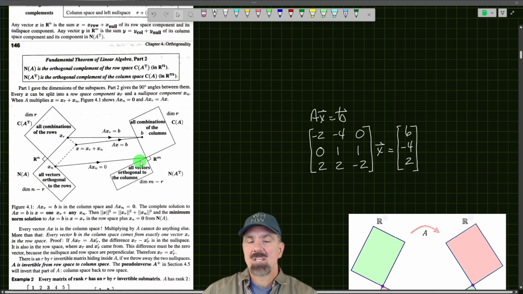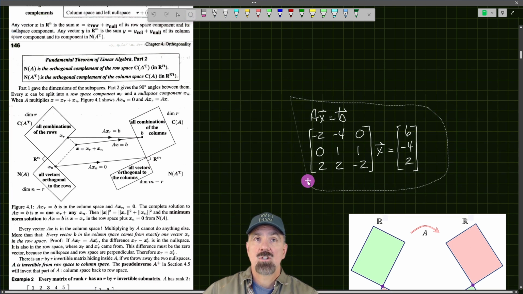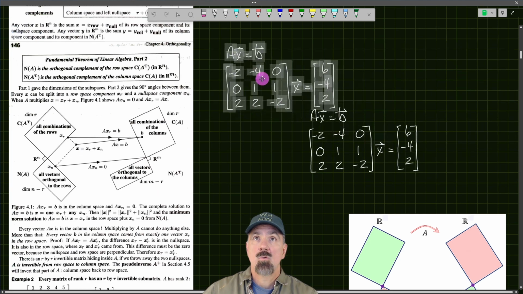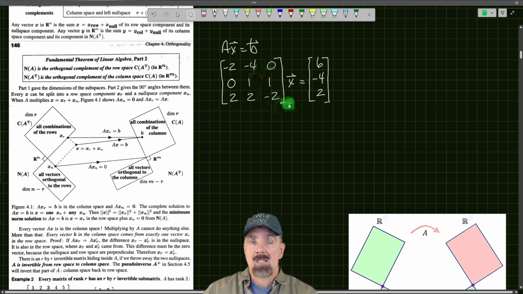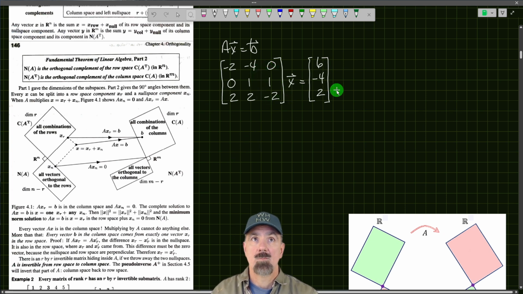Let's take a look at what this actually means for the solutions. He's drawn this picture here, which is close to the picture that's on the cover of his book. This is so important. But what I want to do is take a look at the solution for this problem so that we can better understand what it is that is so important about this. This is a simple setup. We know what we're going to do to solve this: we're going to build the augmented matrix and RREF it.